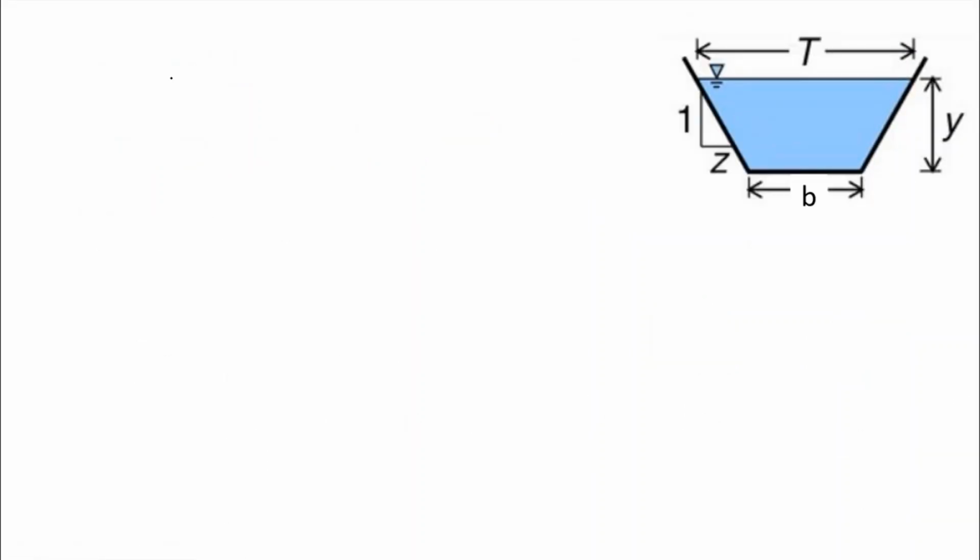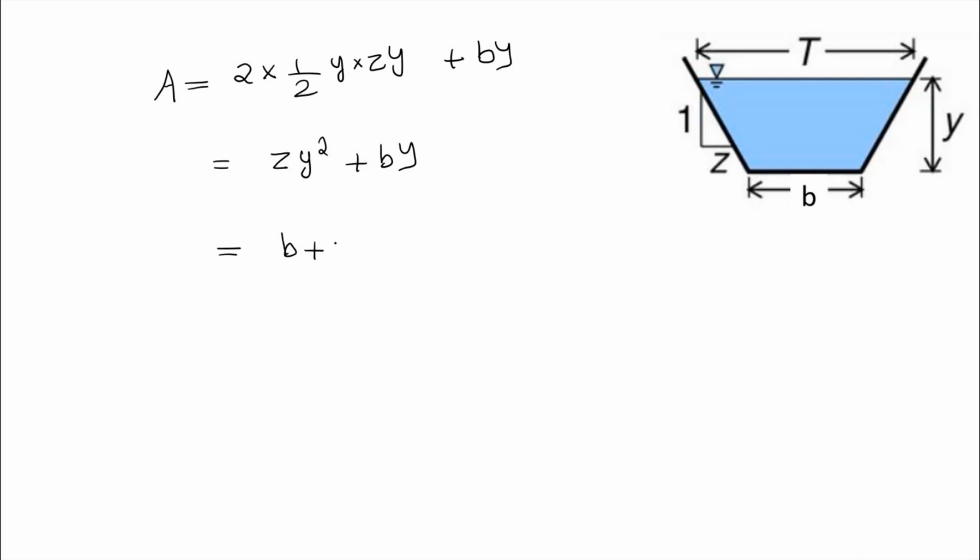So altogether we get 2 into half y into zy plus by, which is equal to zy squared plus by, or I can also write b plus zy all into y. So this is the area of a trapezoidal section.